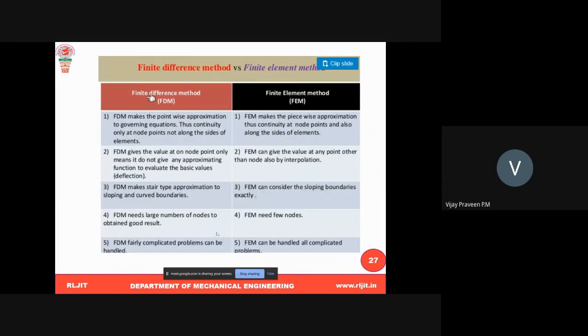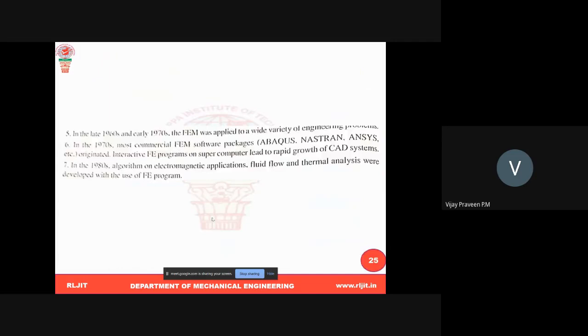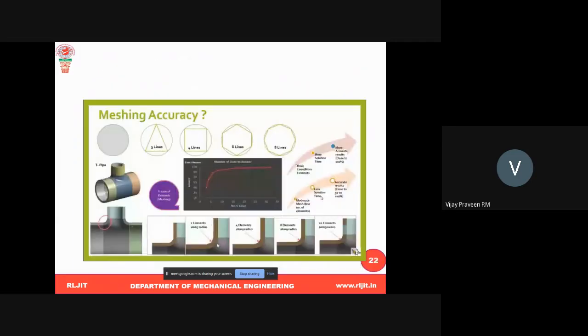FDM makes a stair-step type of approximation for sloping and curved boundaries. So suppose you take this type of curvature system, it will not capture it accurately, only very approximately. But in the case of FEM, if you introduce more elements, it will capture exactly the shape of these boundaries.